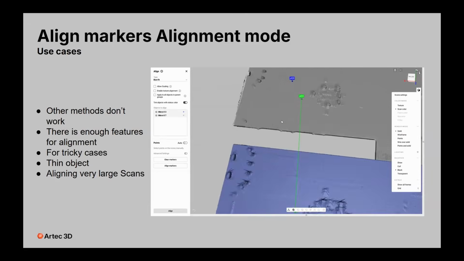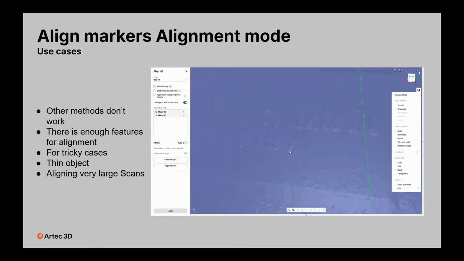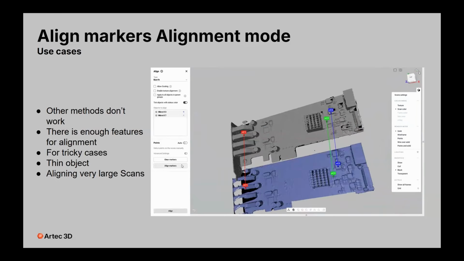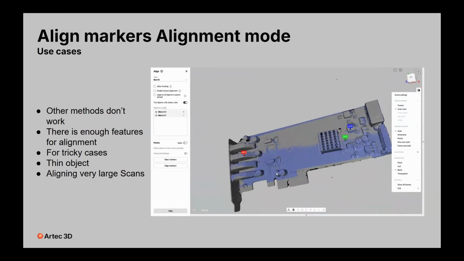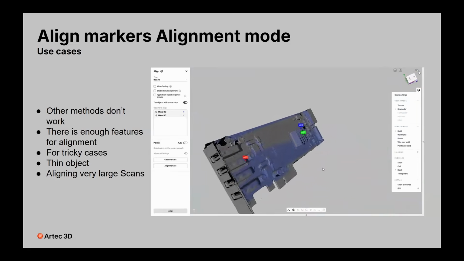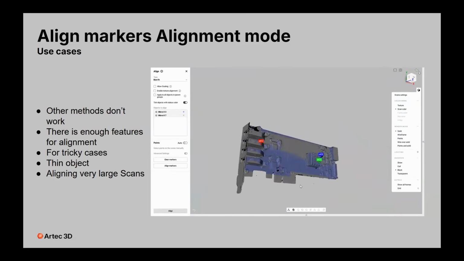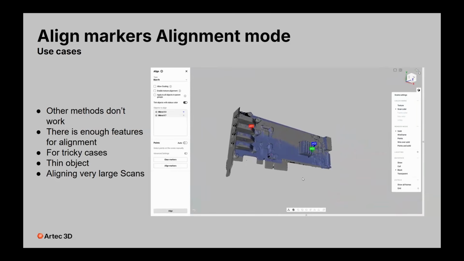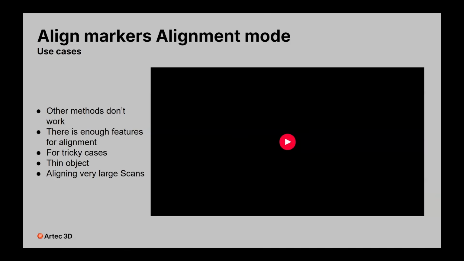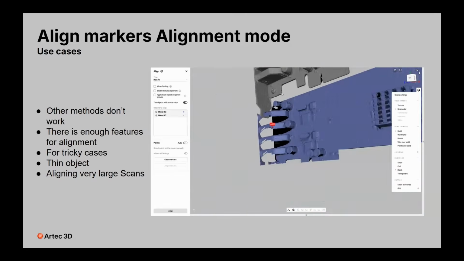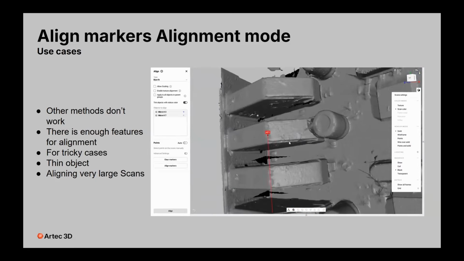So let's talk about when this mode can actually be useful. Sometimes you have tricky cases, like aligning flat objects without geometry, thin objects, or incomplete scans where you don't have enough information for the rough pre-registration of the software.